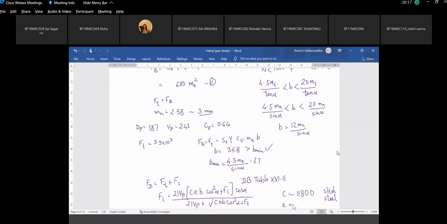Give me the value of error. 0.045. We go with error as 0.045.